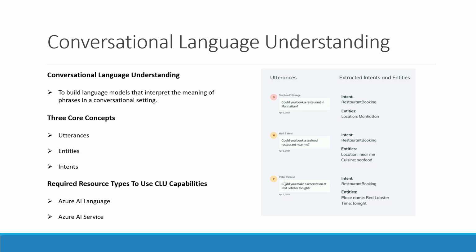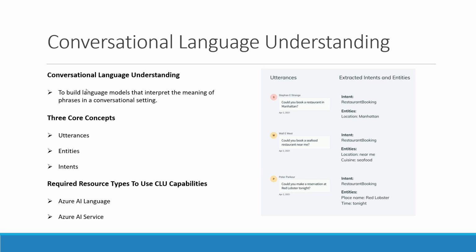Let's look at the third example. Could you make a reservation at Red Lobster tonight? Again, the intent is the same, restaurant booking. For the entities, the place name, Red Lobster, is an entity, and the time, tonight. So these two are the entities for this example.